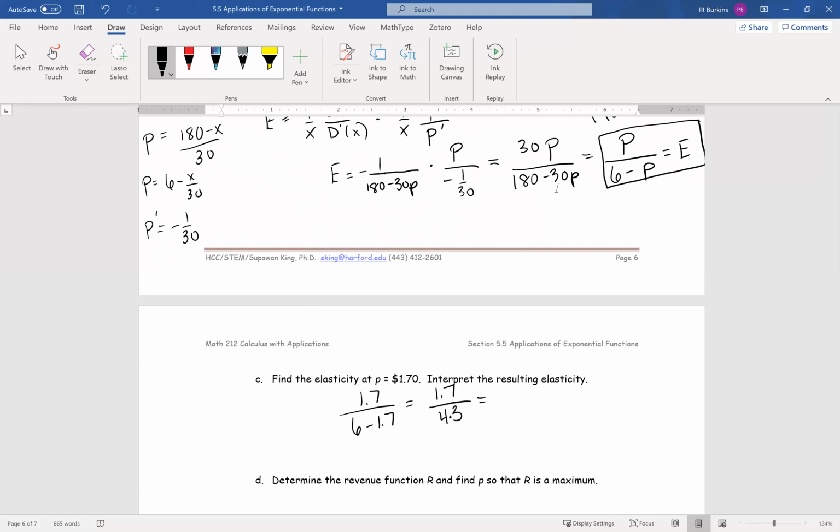All right, so it's 0.3953488372. That number is clearly less than 1.